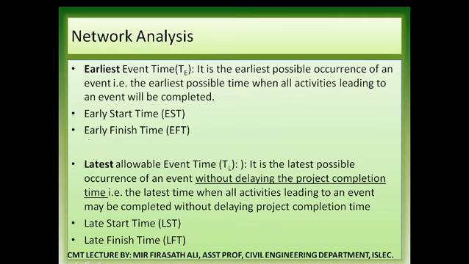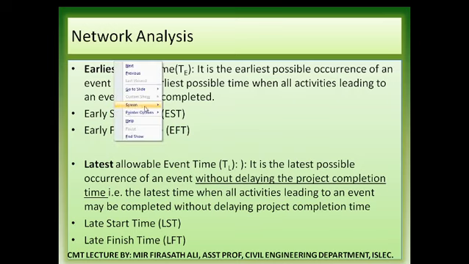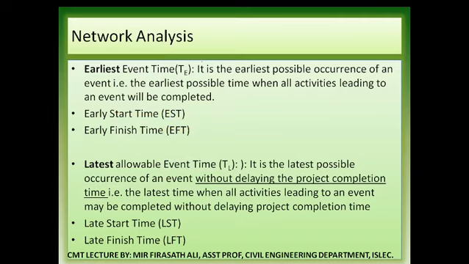Now let us see in detail what these earliest and latest times are. Earliest event time is denoted with the letter TE, remember this, and latest allowable time is denoted with the letter TL. What is earliest event time?